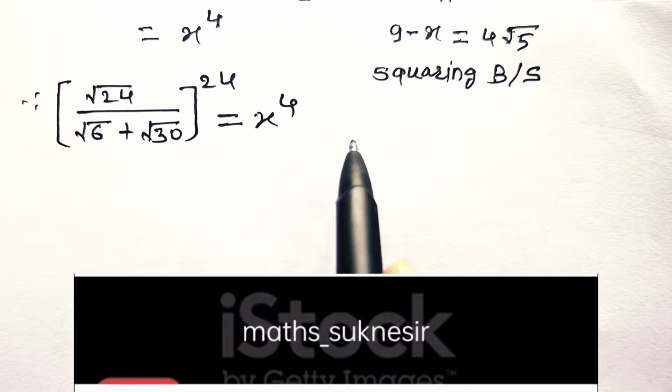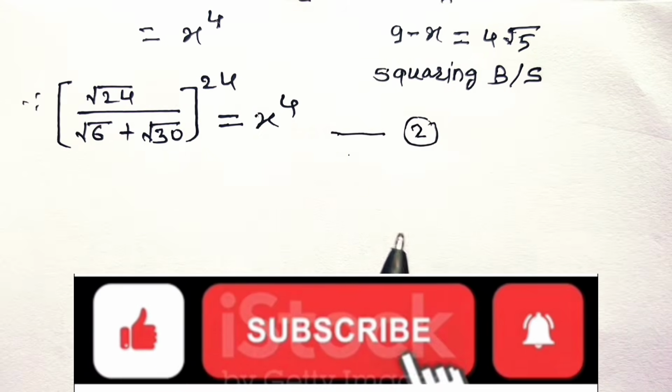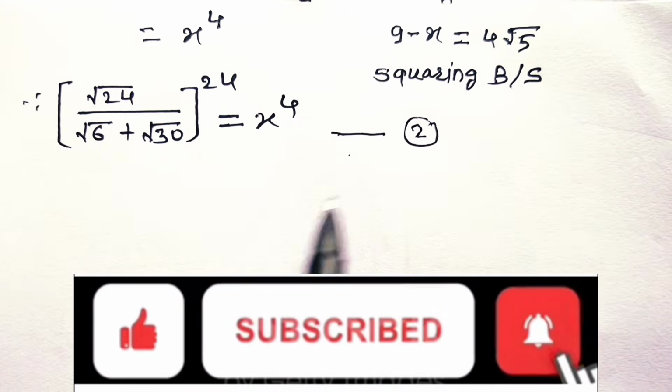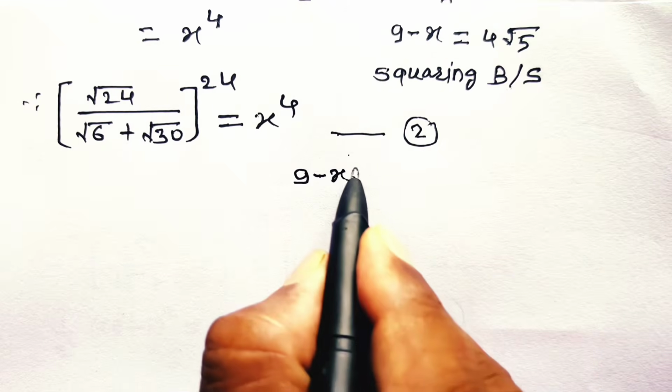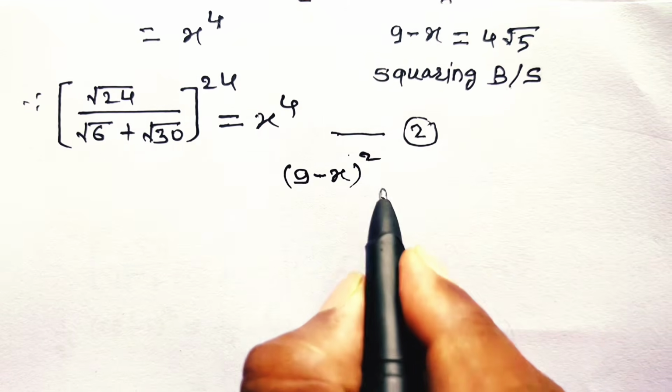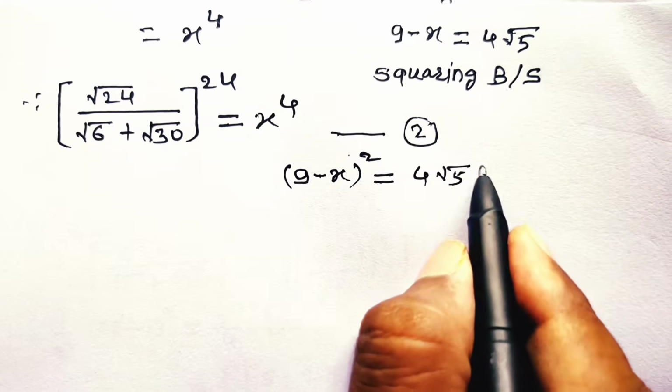Consider this is equation number 2. Squaring both sides of this, we can write (9 minus x), its square, is equal to 4 root 5, square of this.